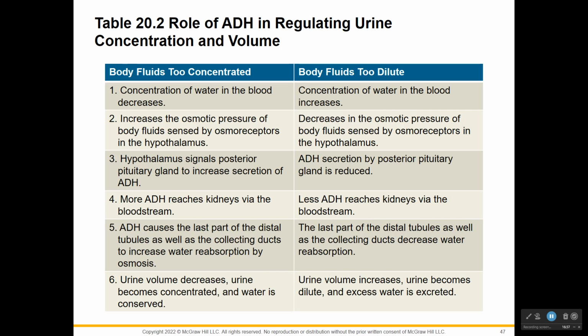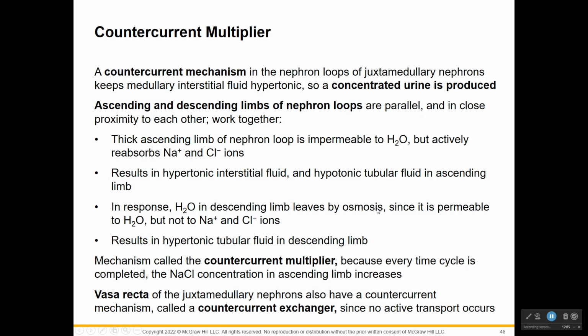And so your posterior pituitary gland is reduced or blocked, and less ADH will reach the kidneys, less ADH will reach those distal tubules, and the collecting ducts don't conduct water anymore. And so it can't be reabsorbed, so you have more pee. It's not as concentrated anymore, and you lose your water.